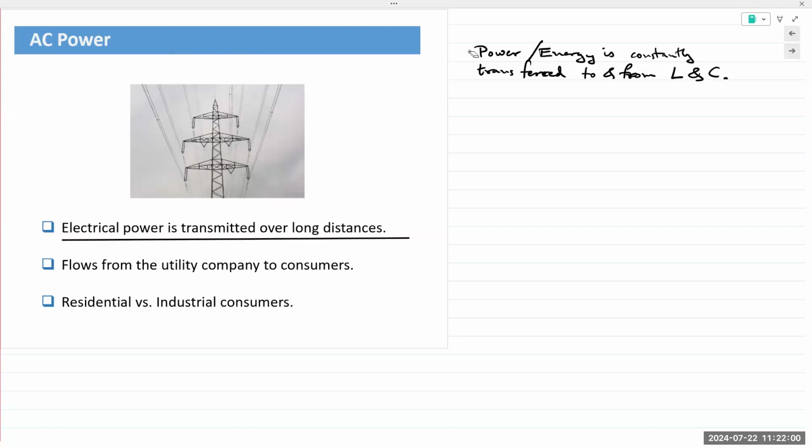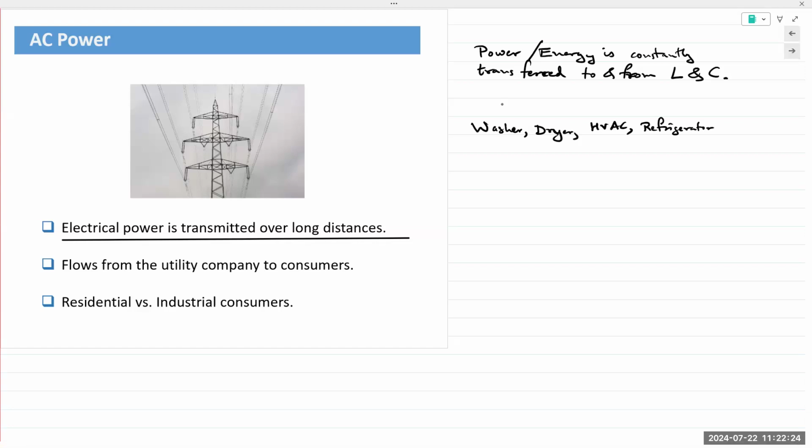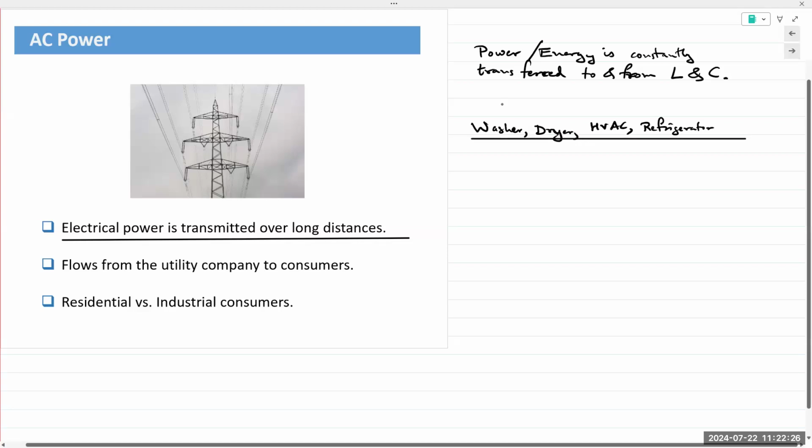In a residential environment, the biggest electrical appliances would be your washer, dryer, HVAC unit, and perhaps your refrigerator. Even your refrigerator would not be anything similar to an industrial customer, right? These are the biggest appliances in a residential environment.